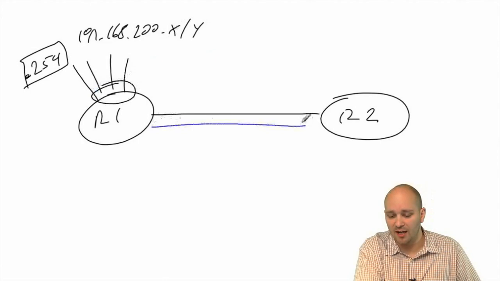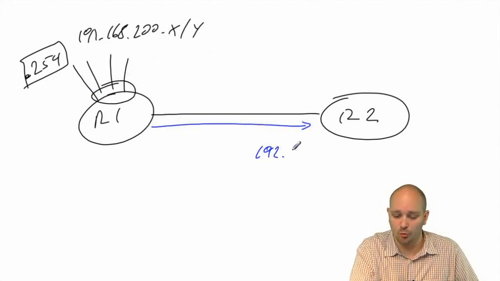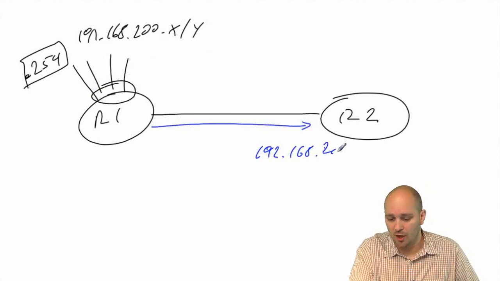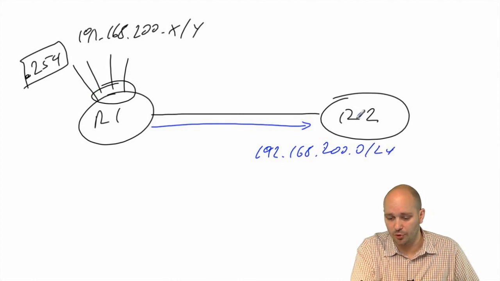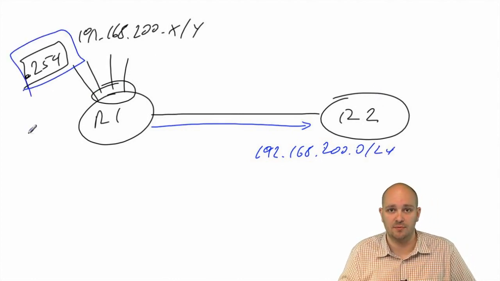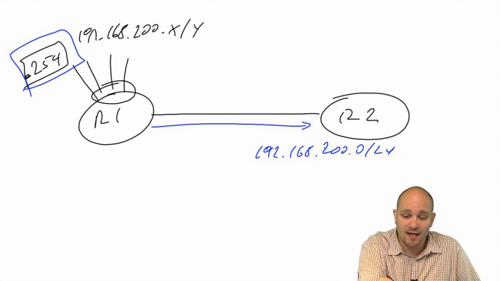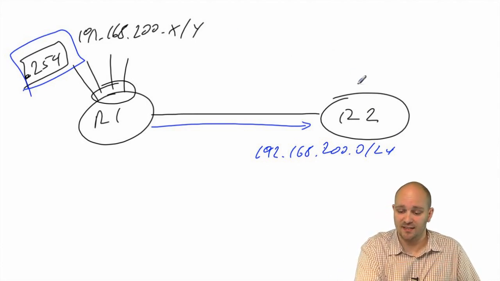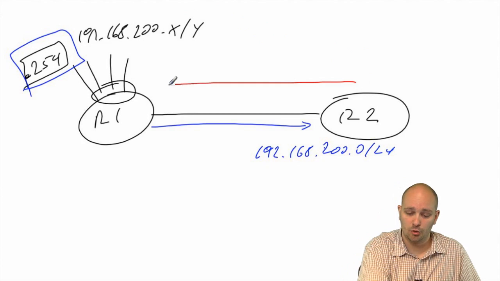However, when we advertised our 192.168.200.0/24 to R2, R2 suddenly has a route to reach this IP address, and it can, as a result, send traffic to R1.